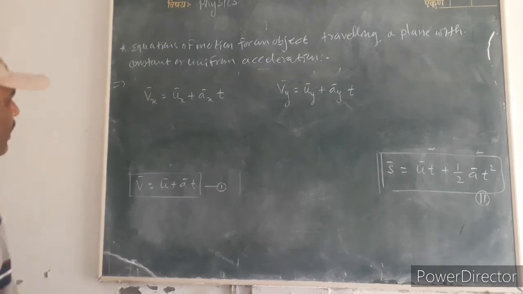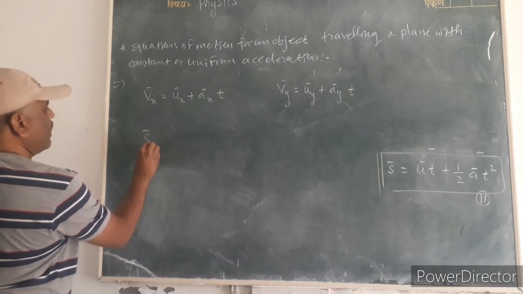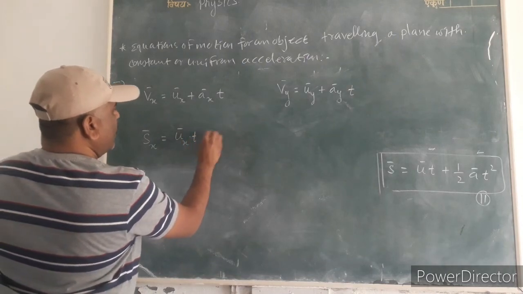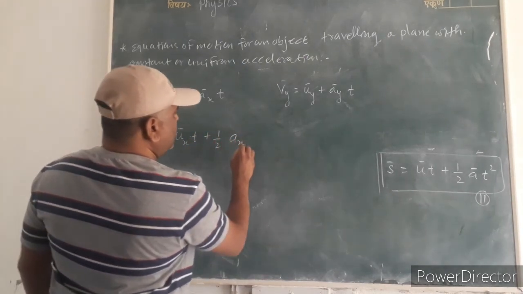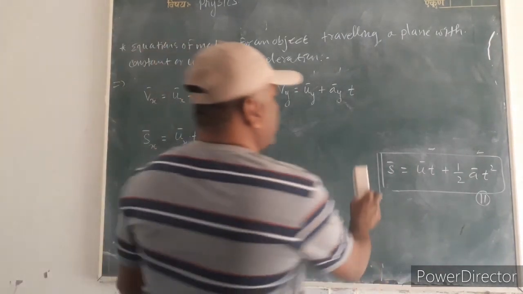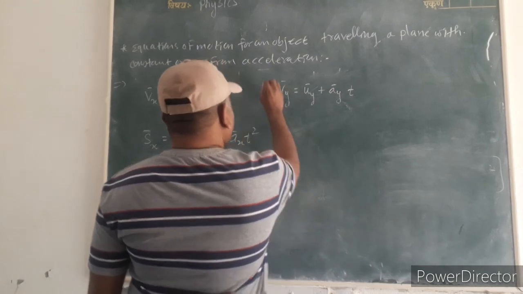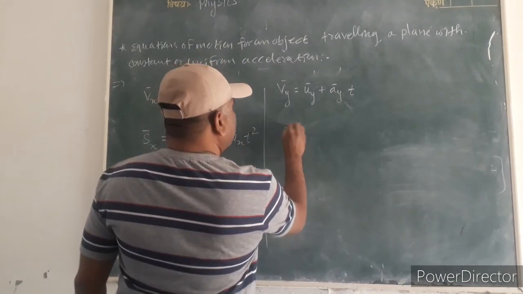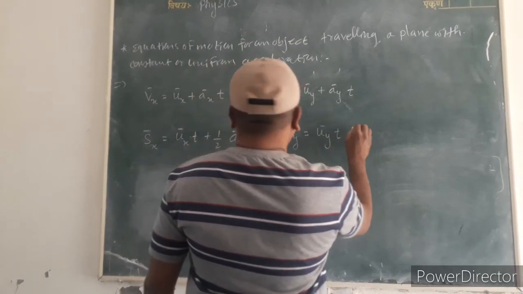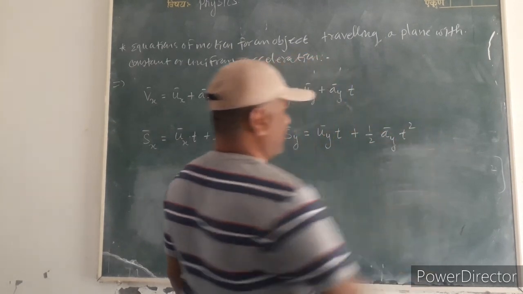And we write the second equation in such a way that along x-axis, s bar x is equal to u bar x into t plus half a bar x into t square. And this equation is written along y-axis, that is s bar y is equal to u bar y into t plus half a bar y into t square.